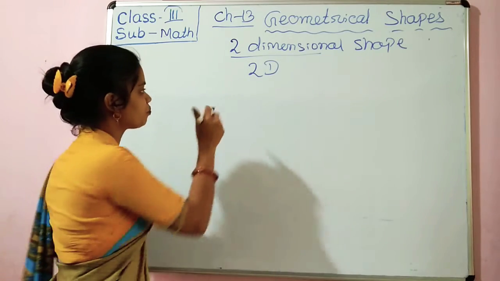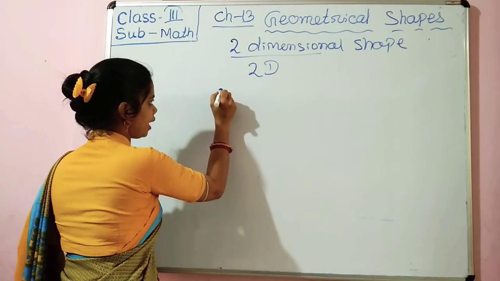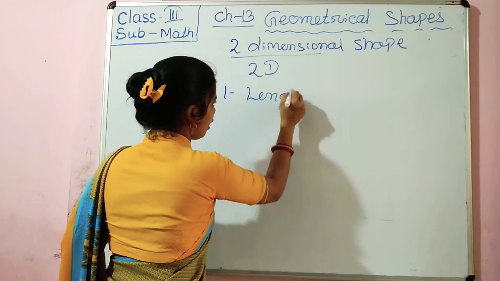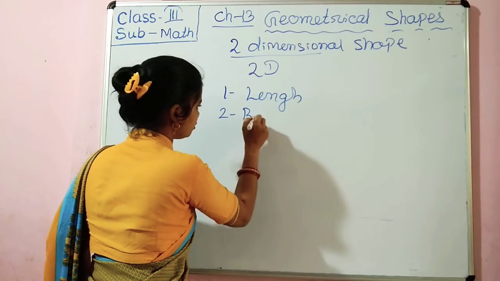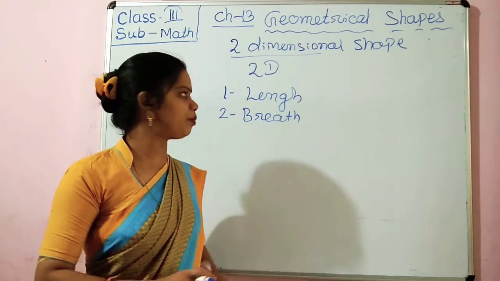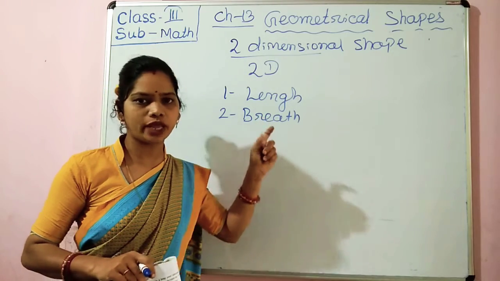Okay, 2D means two dimensional, meaning one is length and second is breadth. The shapes which have only length and breadth are called the two dimensional shapes.